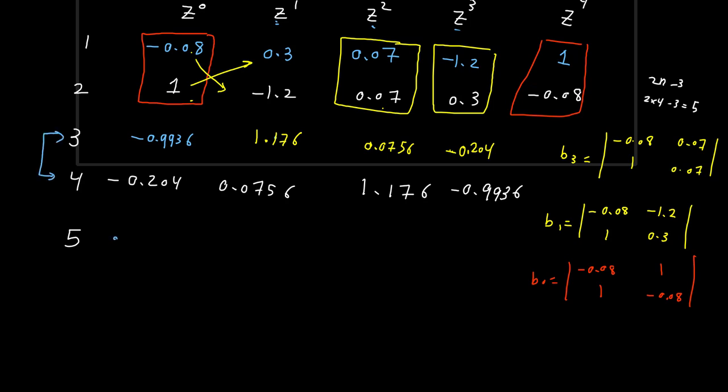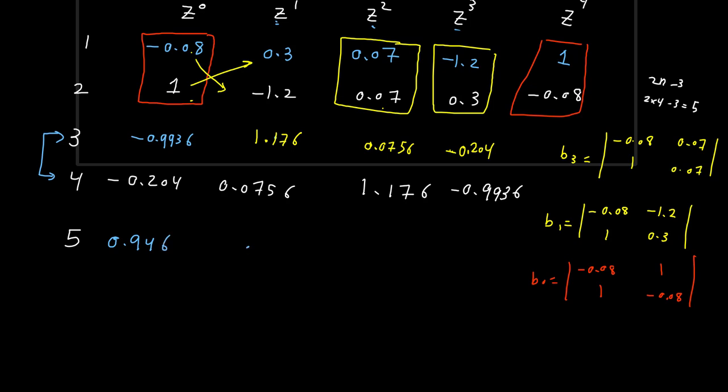So if I need this one, this will be minus 0.9936 multiplied by minus 0.9936 minus 0.204 multiplied by minus 0.204. So if we do the math, this will be 0.946.